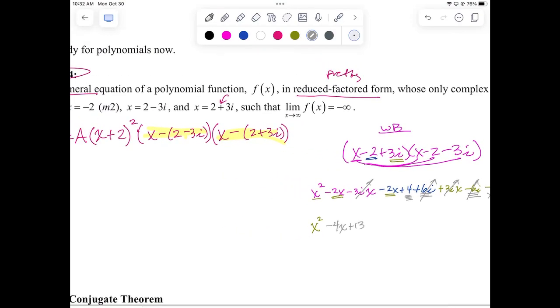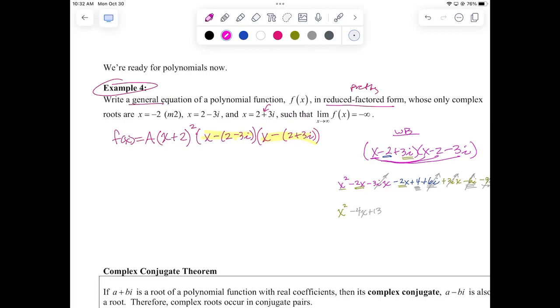I'm going to bring that back over here into my project. And now I have f of x is equal to a times x plus 2 squared times x squared minus 4x plus 13. Now I can't really find the value of a unless I'm given the actual point that it passes through, but I do know this.